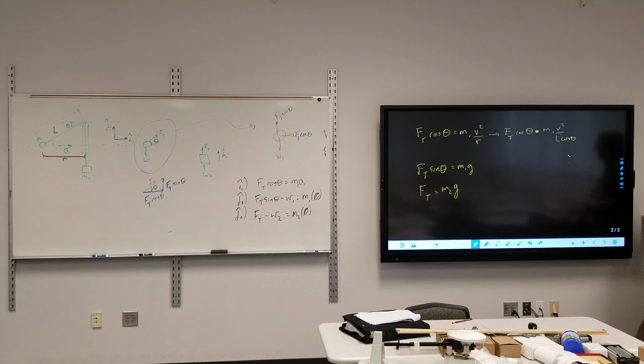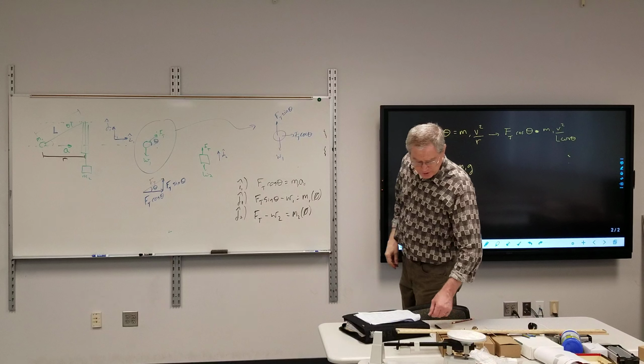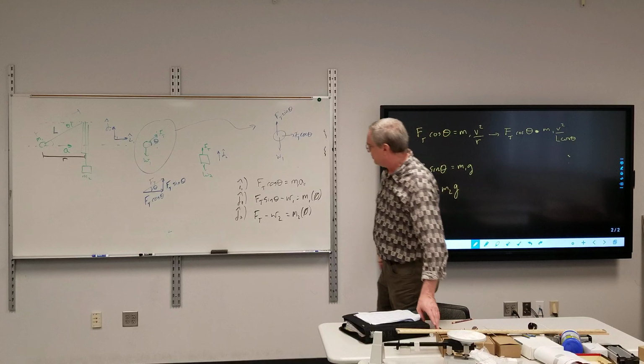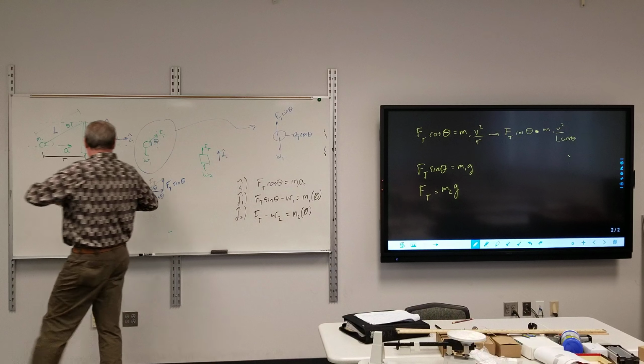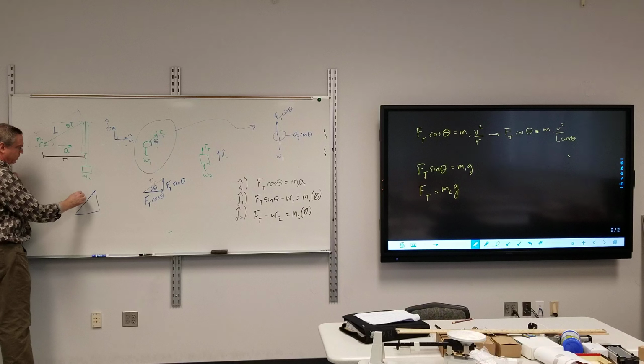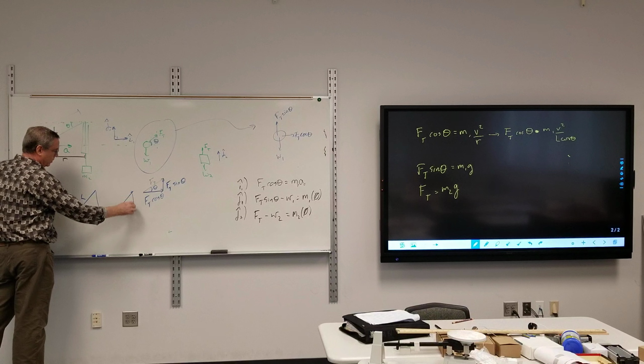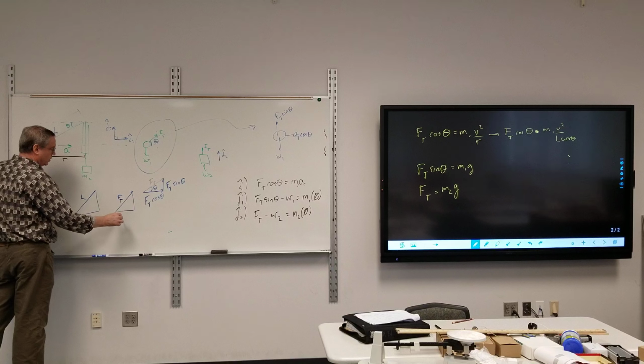See that little diagram, the triangle that you made over there? Yeah, so we have two similar triangles. We have our length triangle where that's L and R, and then we have our force triangle where this is tension.